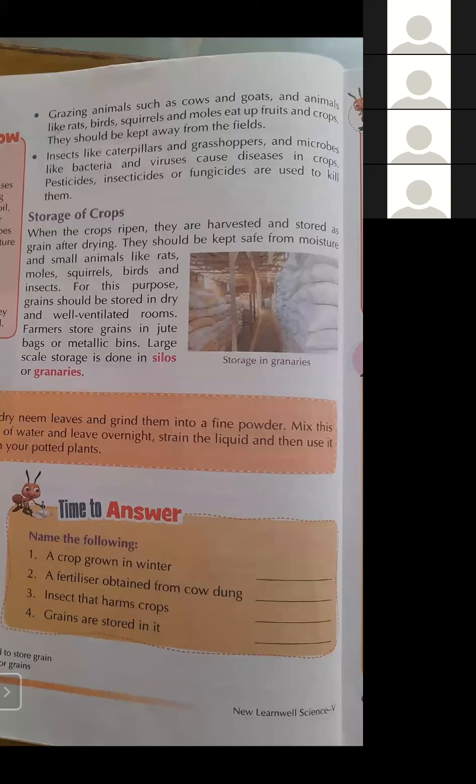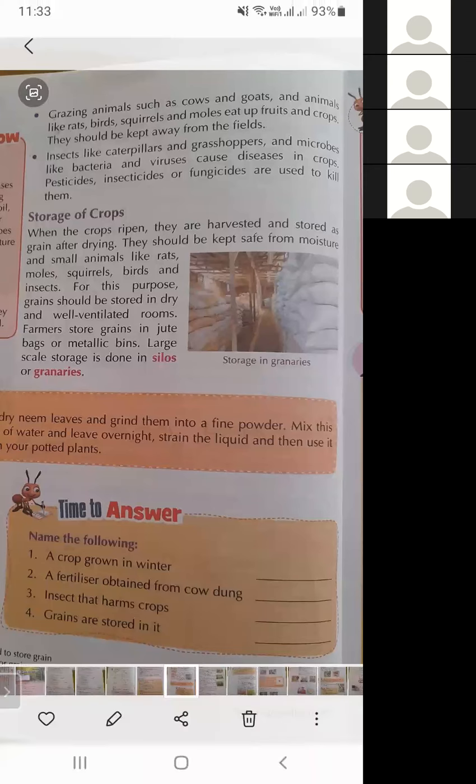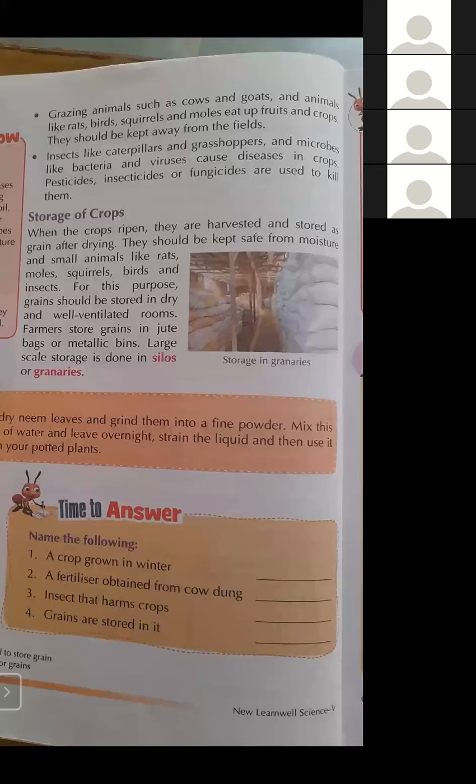These are used by the government or some private authorities which store grain or harvested crops on a very large scale.